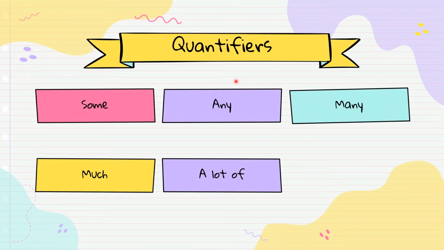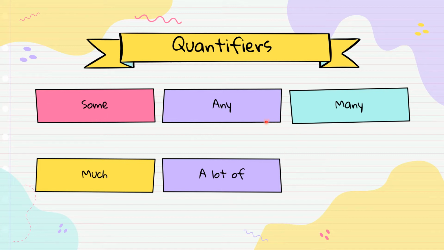Okay, now we are going to look at quantifiers. There are 5 examples here. There are more, but we are going to focus on 5 for now. Okay, the first one is some. Some ni adalah macam sikit, ada beberapa.